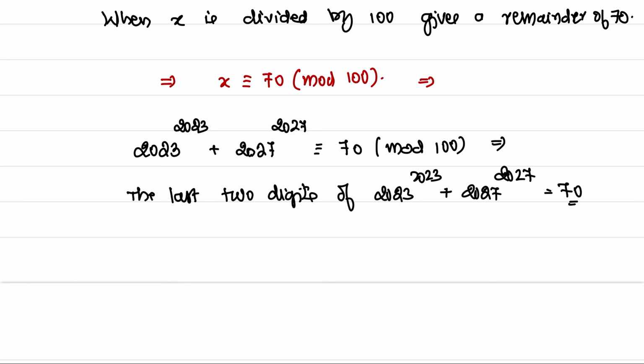This can be answered this way, and if it is asked in IOQM or International Mathematics Olympiad or RMO or JEE Mains, you can answer this way. The last two digits are 70, 7 and 0.